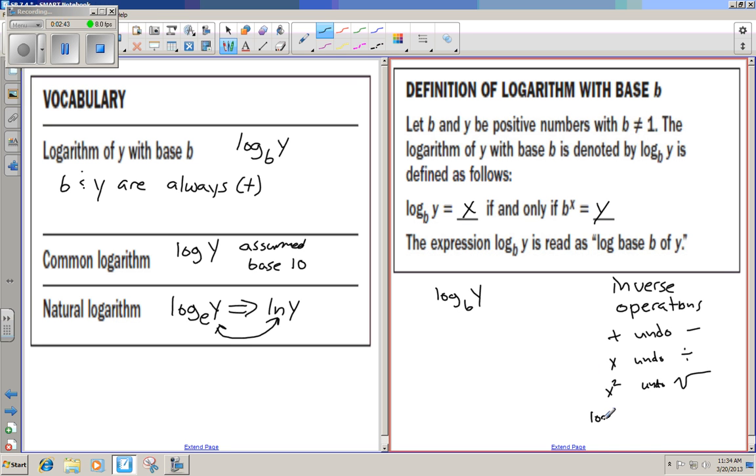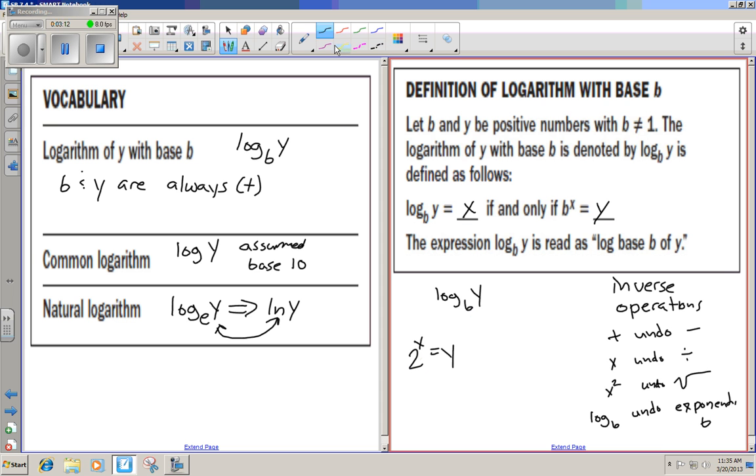To undo a log base b, you undo that with an exponential with a base b. What that means is, from 7.1 and 7.2, we dealt with the fact that you could have 2 to the power of x equals y. This is an exponential with a base 2.